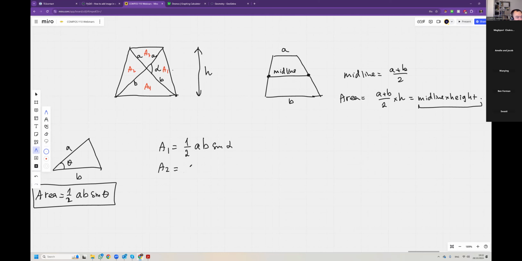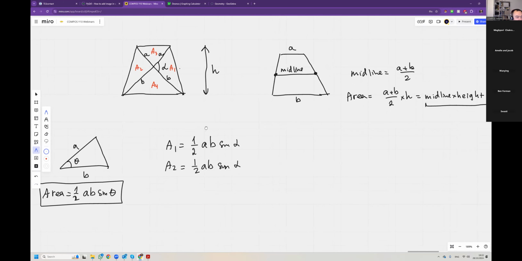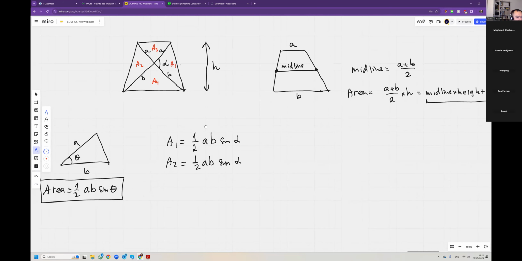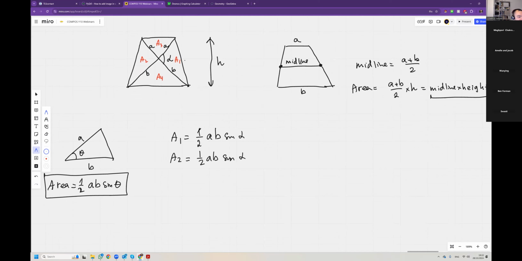A2 is also 1/2 AB sine alpha. A3 is 1/2 A times A times, this angle is 180 minus alpha, so sine of 180 minus alpha.